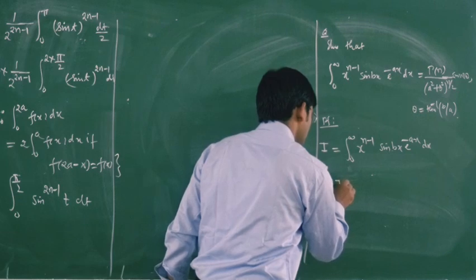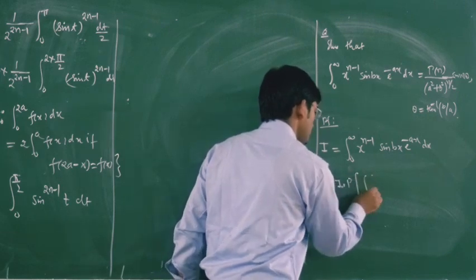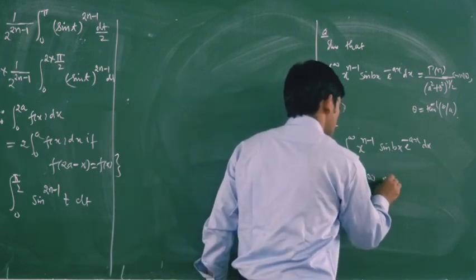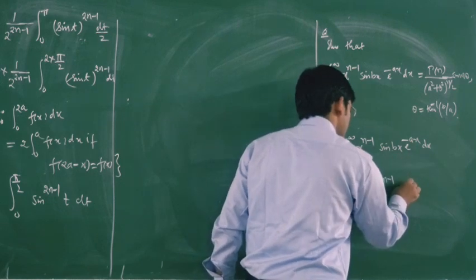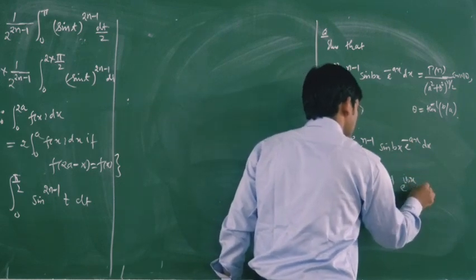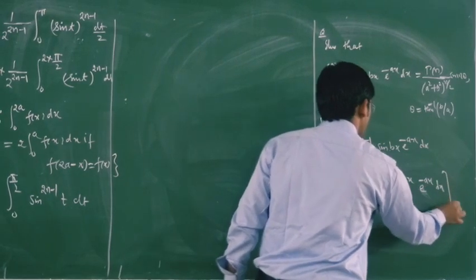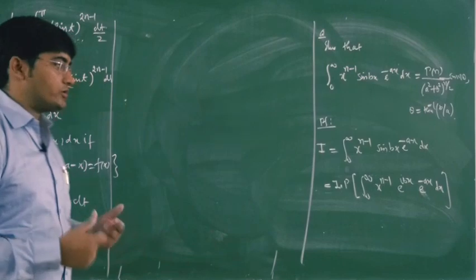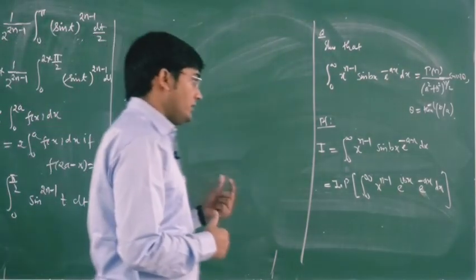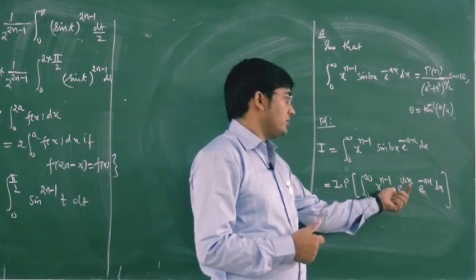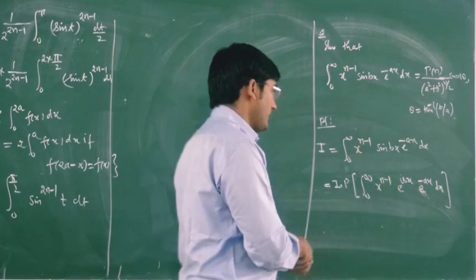So we can write it as the imaginary part of integral 0 to infinity x power n minus 1, where sin bx can be replaced by e power i bx into dx, because e power i theta is cos theta plus i sin theta, where sin theta is the imaginary part of this e power i theta.